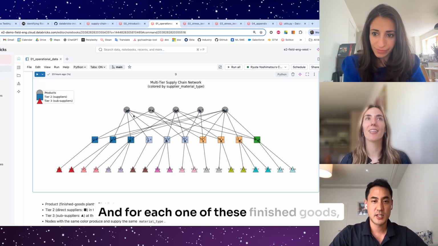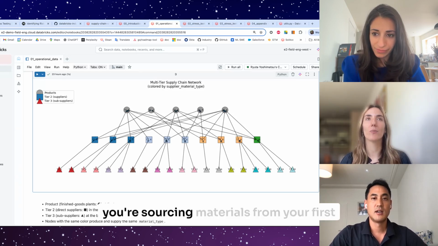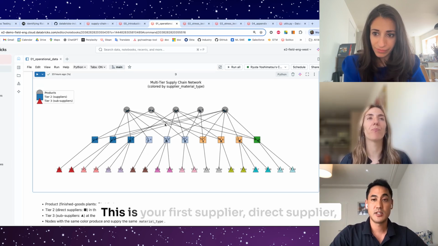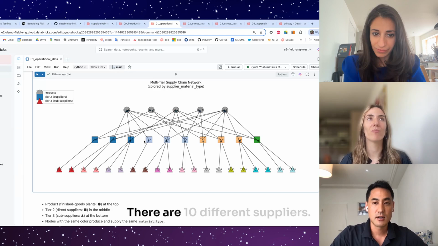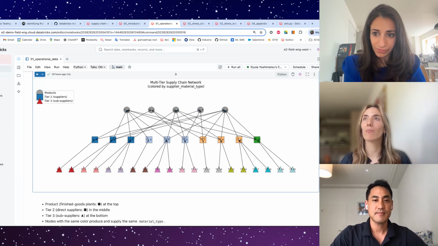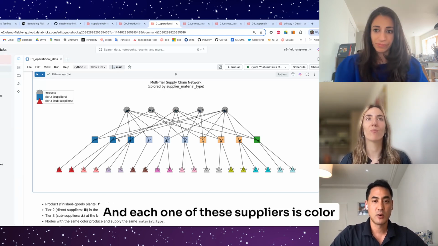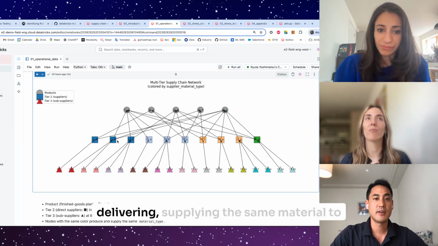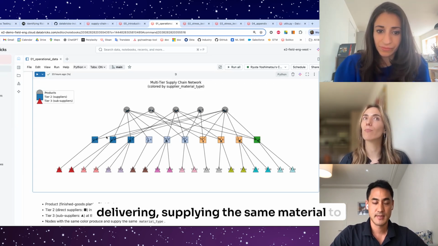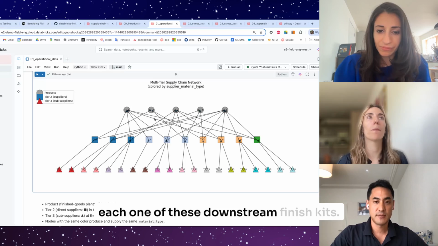And for each one of these finished goods, you're sourcing materials from your first supplier, your direct supplier, you can call it. There are 10 different suppliers. Each one of these suppliers is color-coded, meaning that these 3 suppliers are supplying the same material to each one of these downstream finished goods.